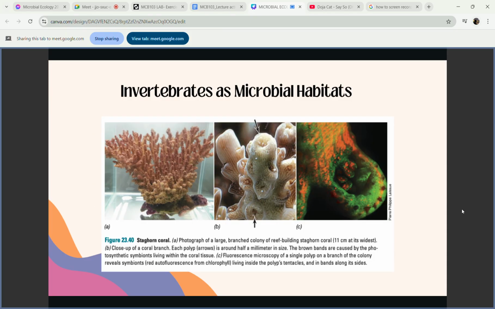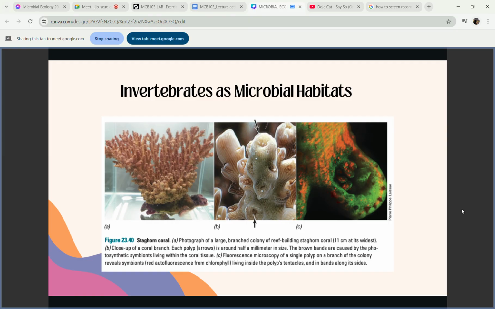So there is a mutualism between these stony corals and the Symbiodinium. You can see it at the arrow in the upper part, which is a colony of staghorn coral.